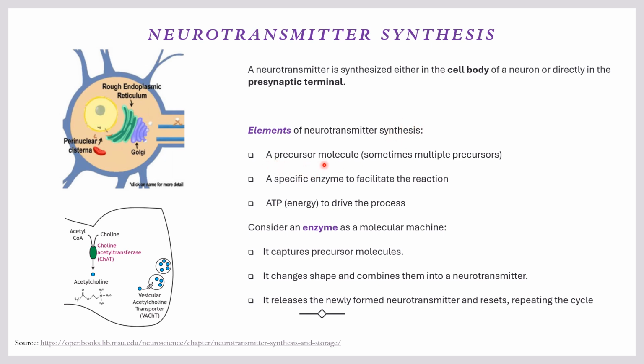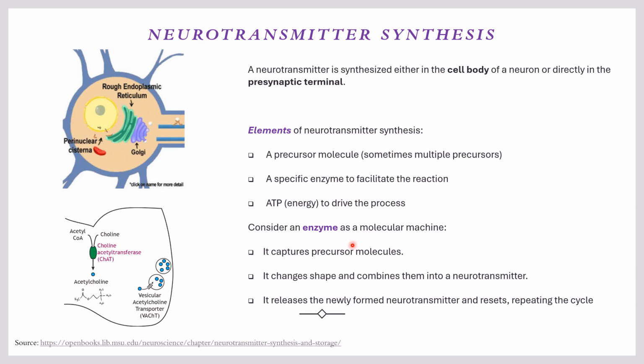We need a precursor molecule, or sometimes multiple precursors, a specific enzyme that will facilitate the reaction of forming a new molecule from a precursor molecule, and also we need ATP, we need energy to drive this process.